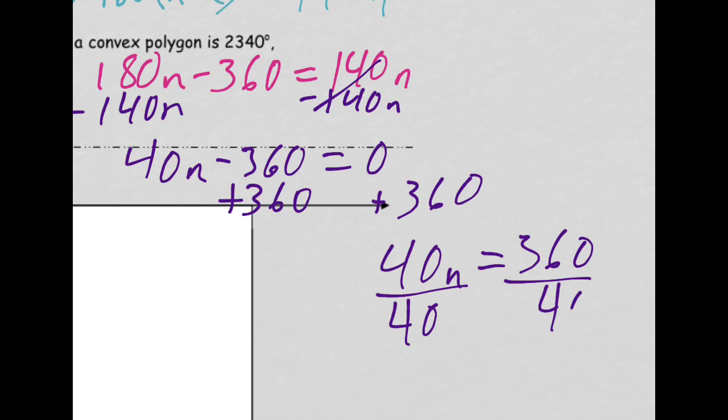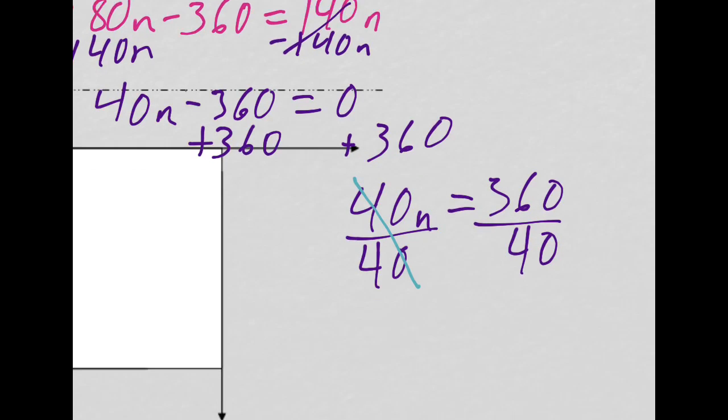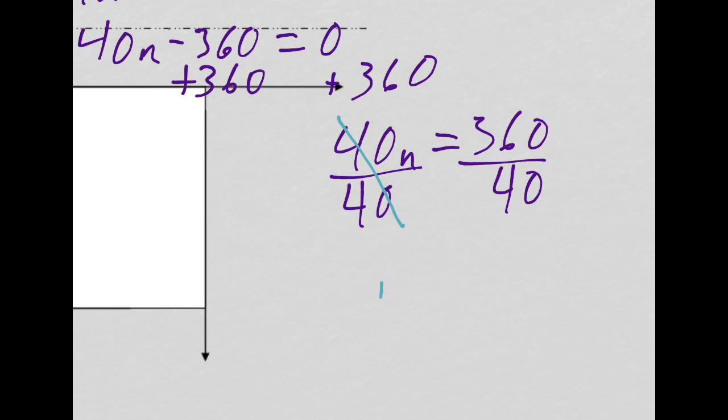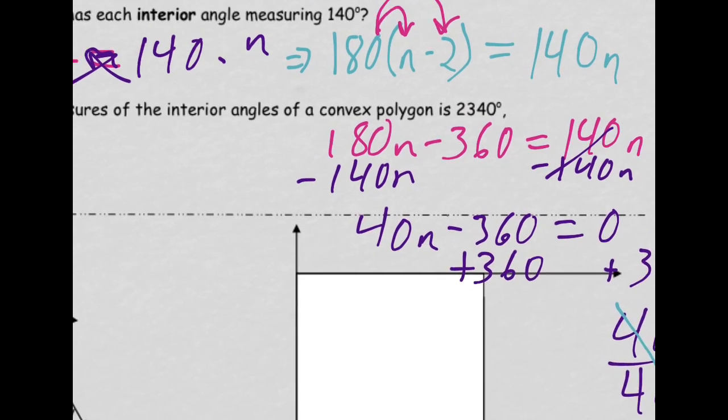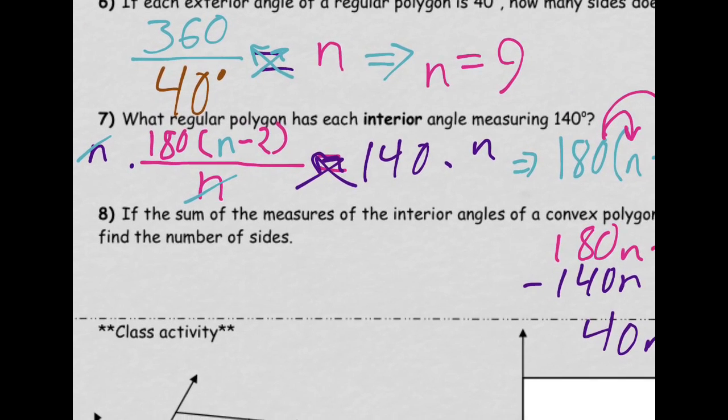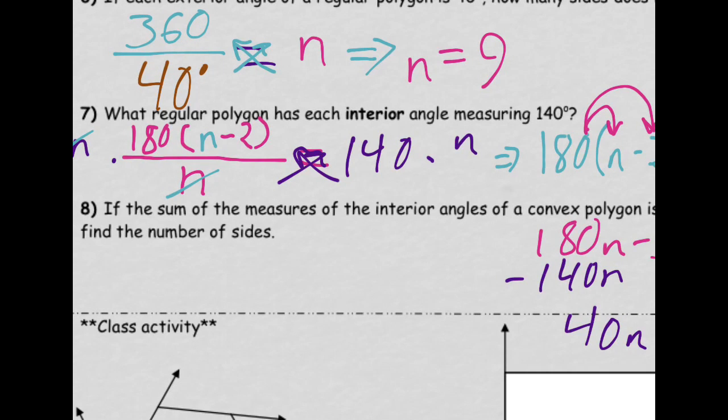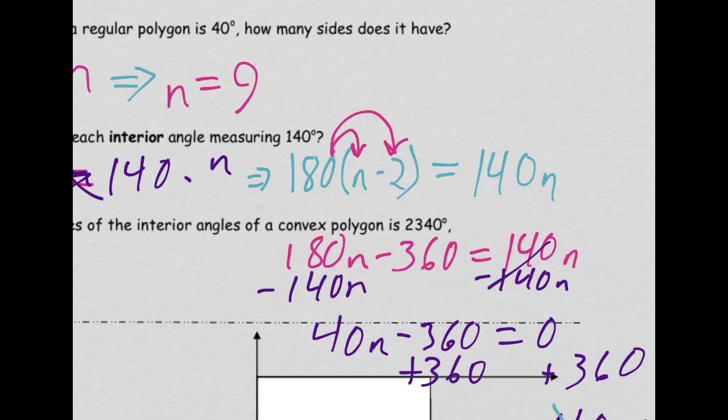My two 40s cancel out, and I've got n equals 9. So we go back to where we started from. What regular polygon has each interior angle measuring 140? That's n equals 9. That's a nonagon.